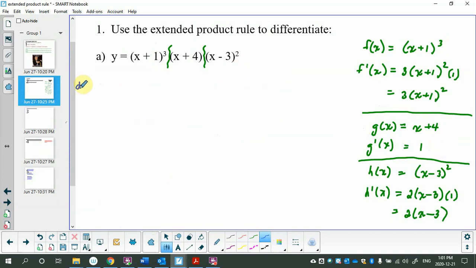So just for fancying it up, dy by dx equals, and I'm going to do my stuff. So derivative of the first, that's this one, multiplied by the original second and original third, plus sign.